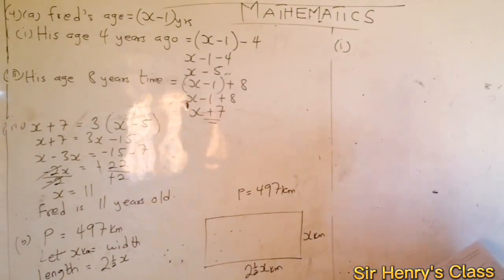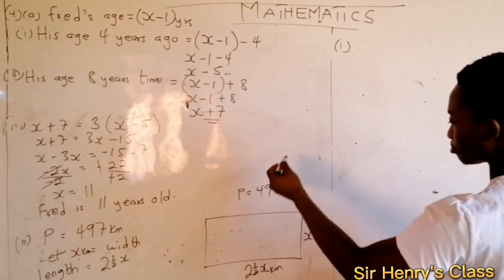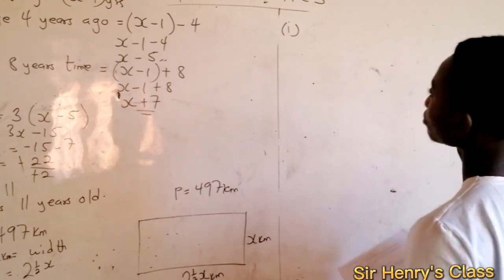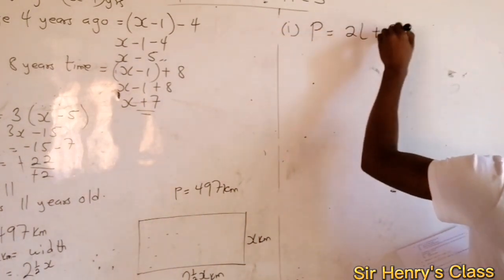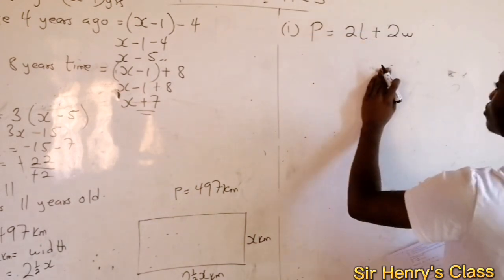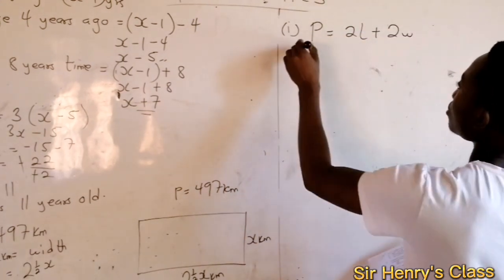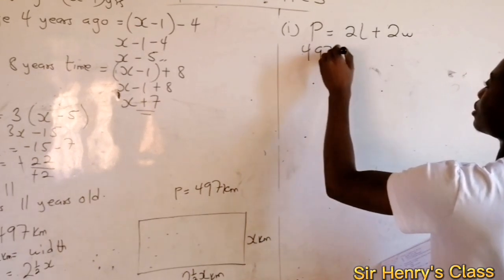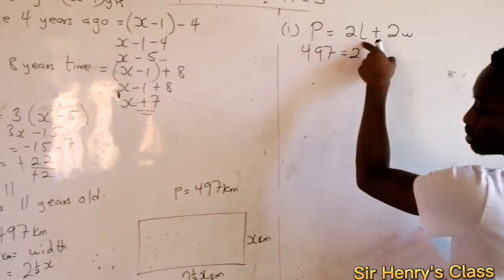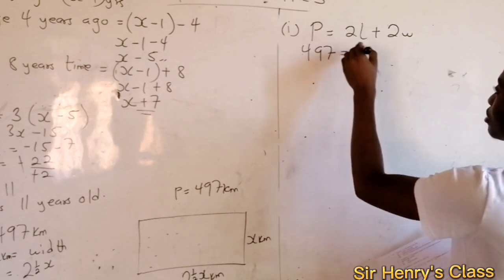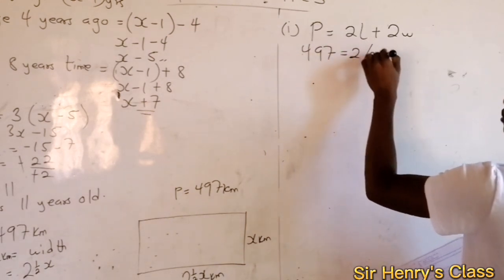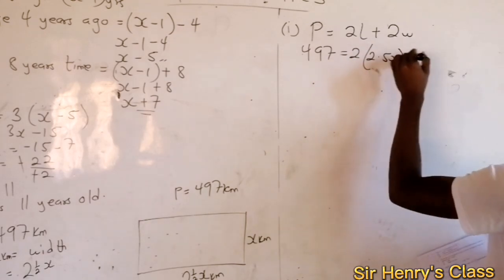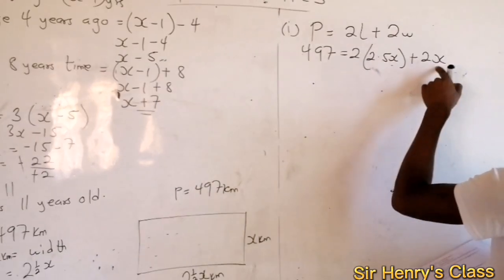Okay, so let's continue. Perimeter is given by 2L plus 2W, right? Perimeter is 497. Two of the length, that is 2.5x twice, then 2 times the width, which is x.